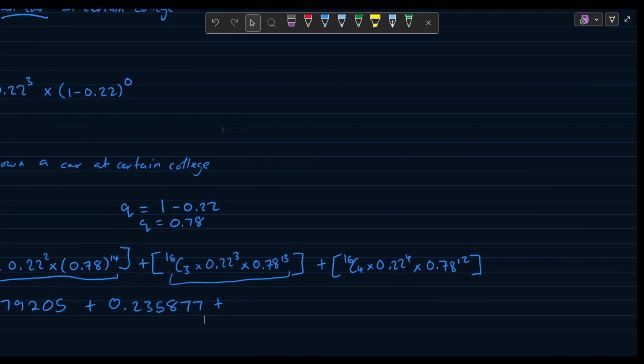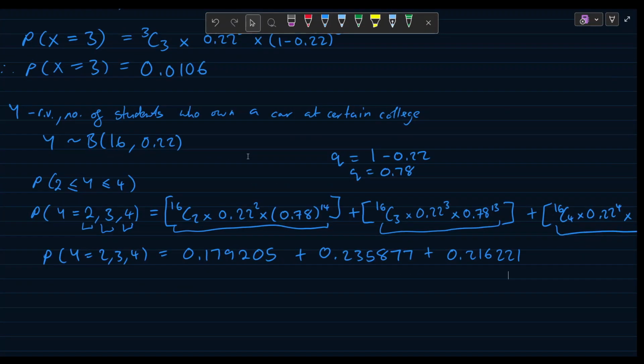And let's evaluate the last expression. So that's 16 choose 4 times 0.22 to the power 4 times 0.78 to the power 12, and that gives us 0.216221. And let's add up all of these results. So this is the probability that y is equal to 2, 3, and 4.